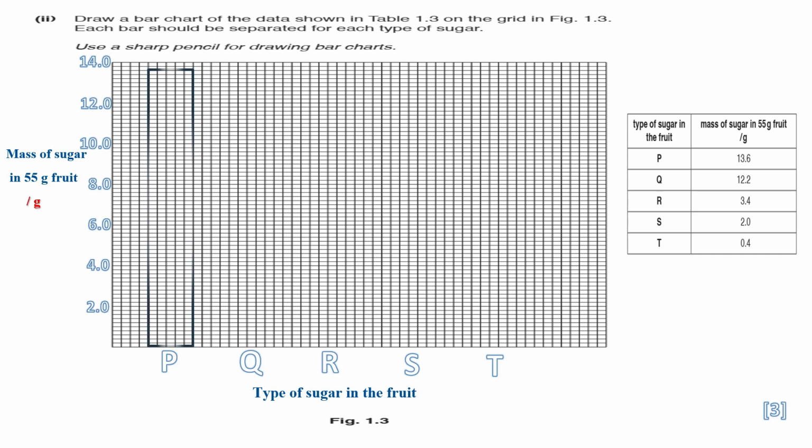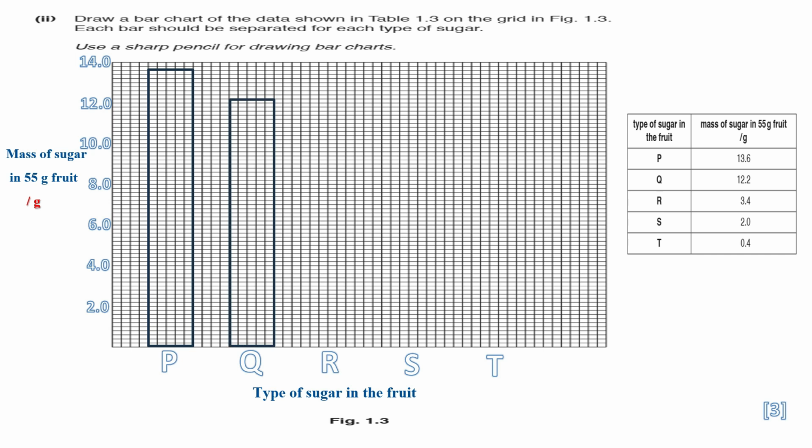Look, for P, 13.6. Okay. No shading, no coloring needed in our exam, especially in graphs or drawings. No shading, no coloring. Okay, plain, but by your pencil and ruler.